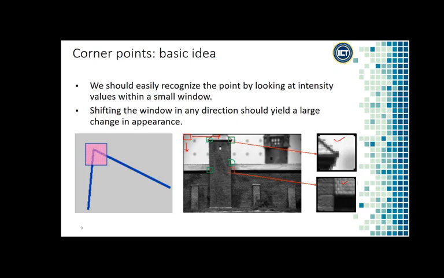So it will not match this patch to this patch. They are unique, they have large variations. I think I have made my point up till now on why corners are a good way to obtain a distinctive feature.